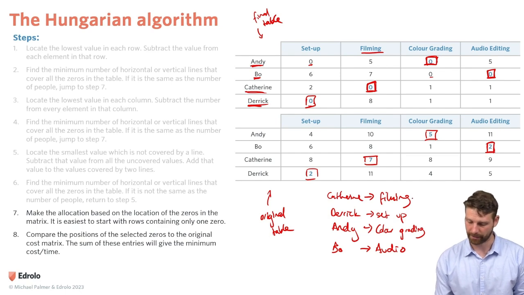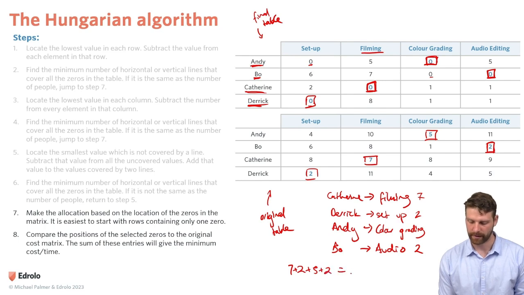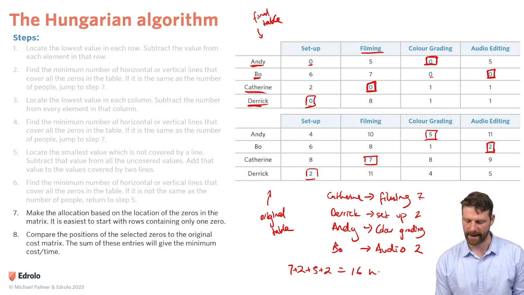So Catherine's filming was 7, Derek's setup was 2, Andy's color grading was 5, and Bo's audio was 2. So if we imagine these are hours to complete these tasks, if I add them together now, 7 plus 2 plus 5 plus 2, that gives me 9, 11, 16 hours total.